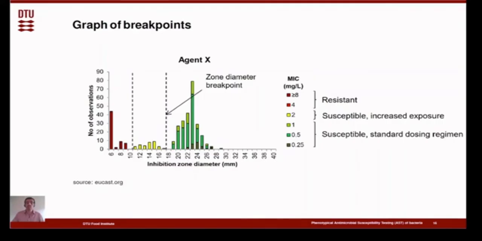So the greater the inhibition zone, the more susceptible isolates we will find. When there is no or minimum inhibition in the disc diffusion, then we will have the corresponding resistant isolates. And in between, we will have what is called the susceptible increased exposure.